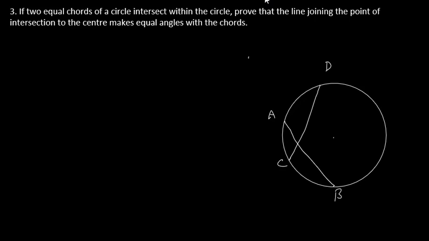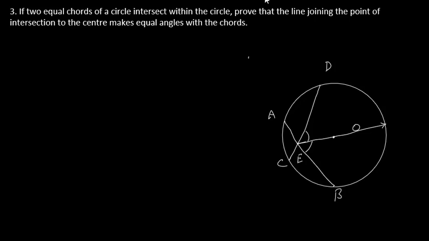Take the center O. They are intersecting at point E. I will join these two lines. Now I have to prove that this EO makes equal angle with the two chords, that is, this angle and this angle are equal.